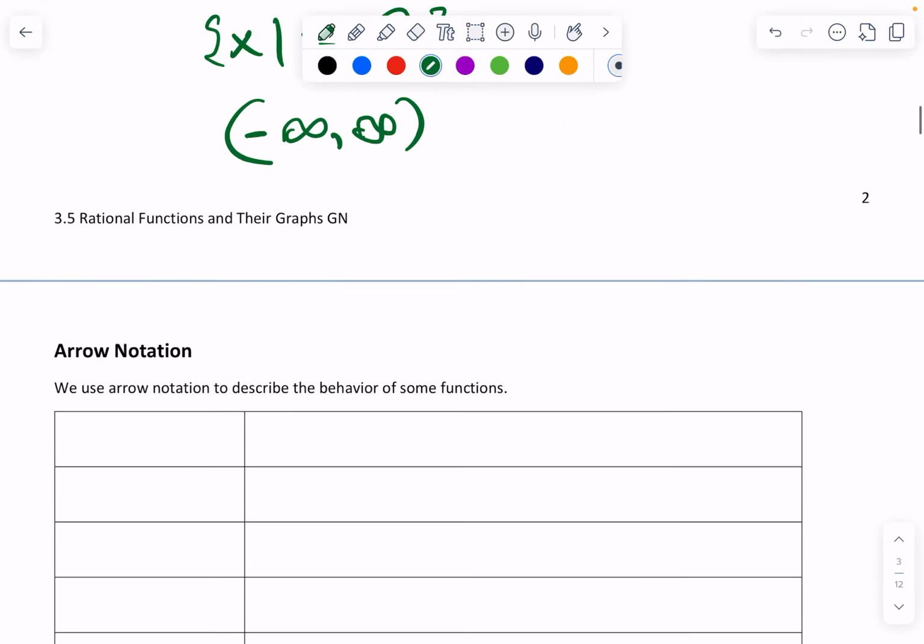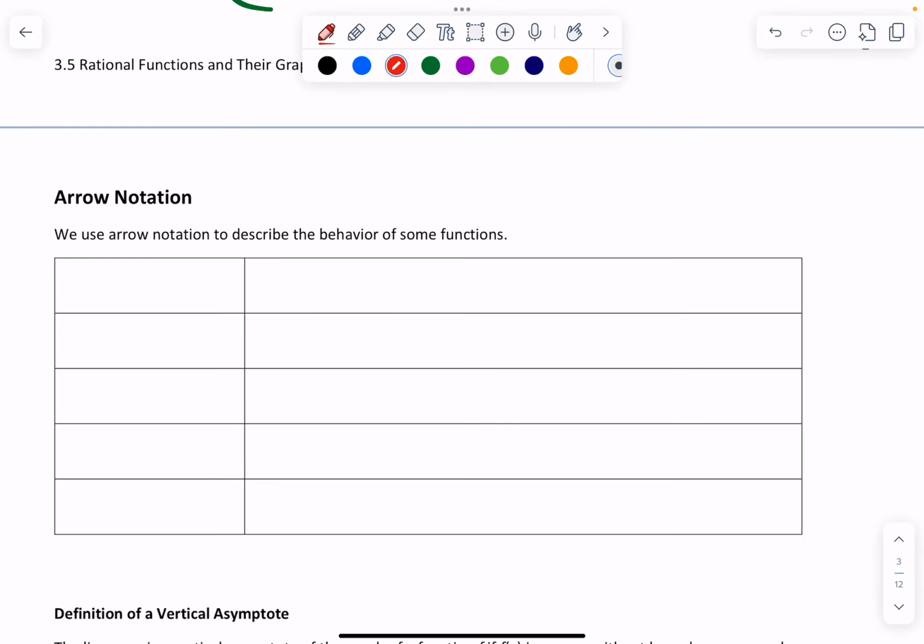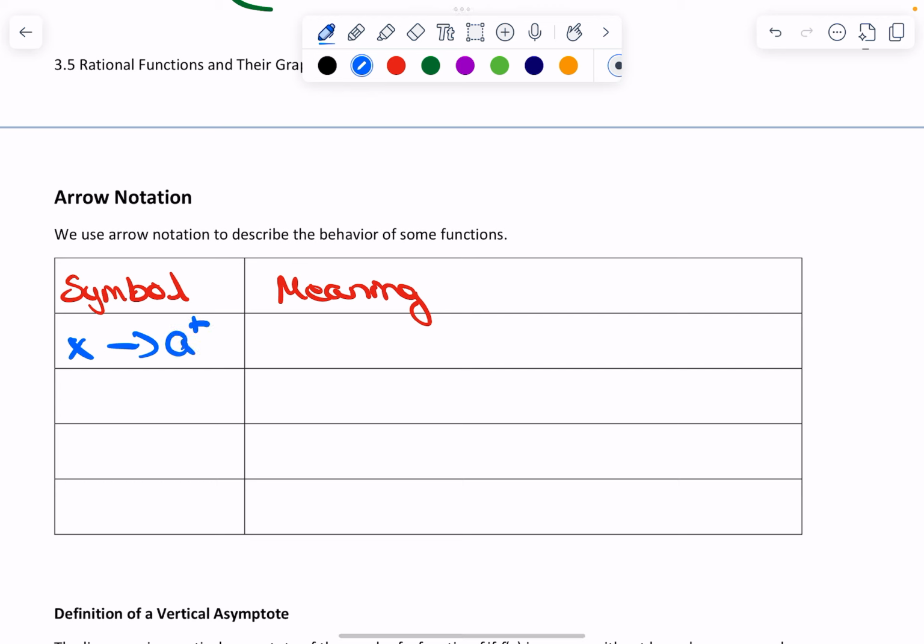Okay, next what we're going to do is look at arrow notations. So we're going to write the symbol, and then we are writing the meaning of it. Our first one is x arrow a with a plus as an exponent.